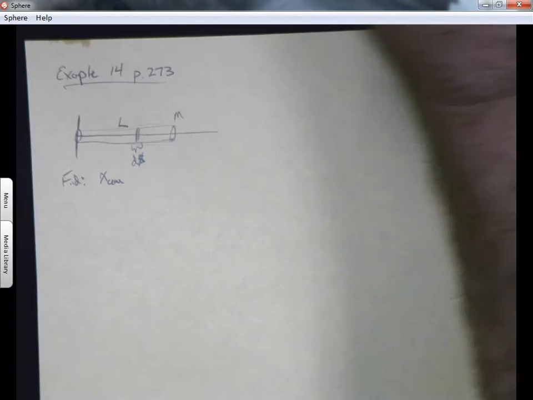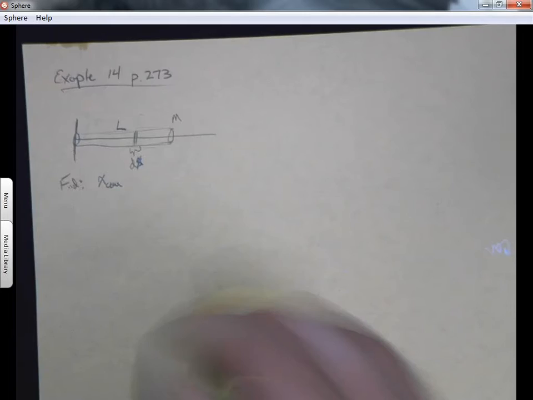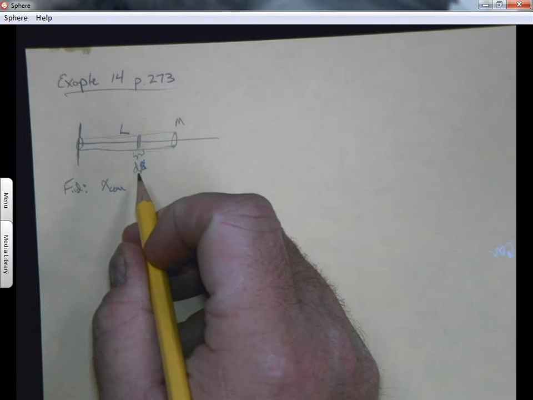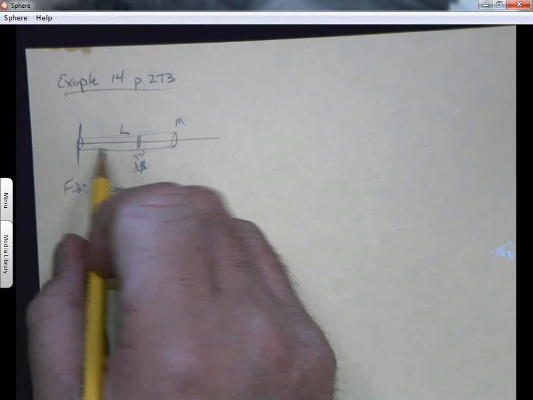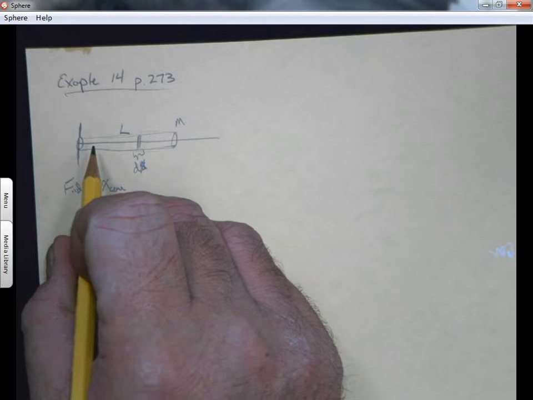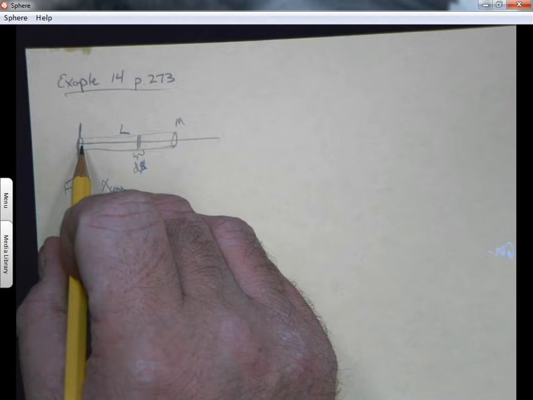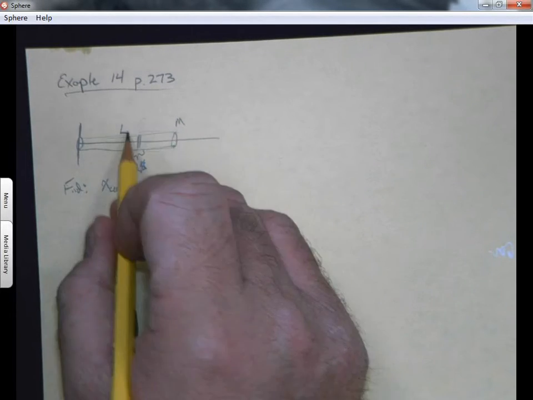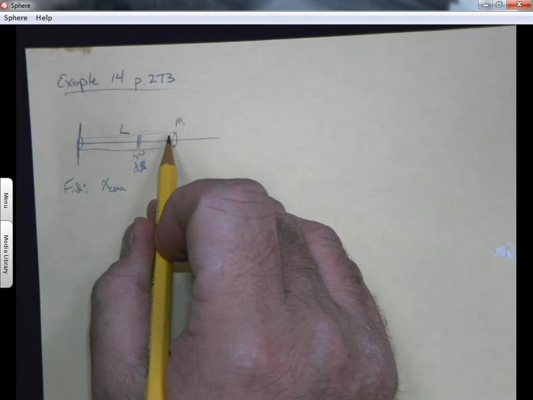Okay, so here's our dx, and remember, we need to come up with some sort of way of relating our mass in terms of our integrating variable.